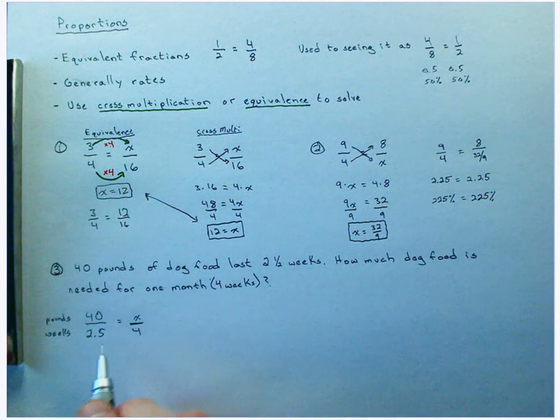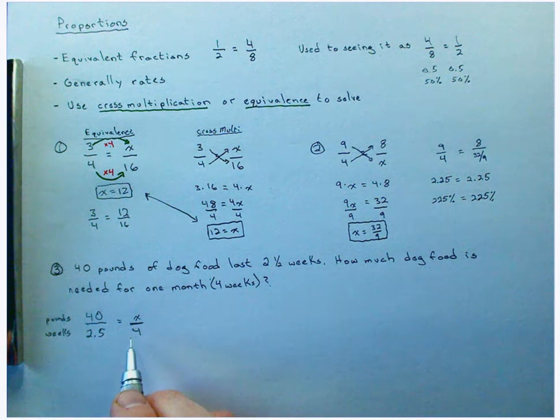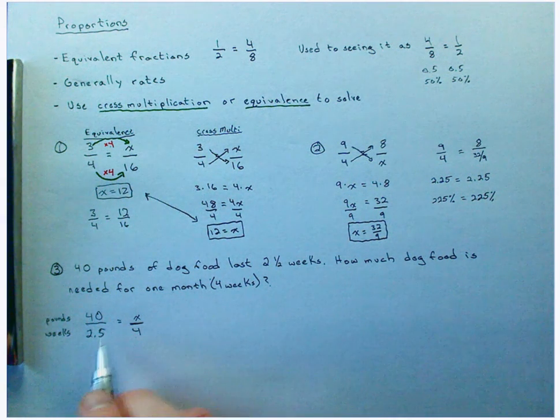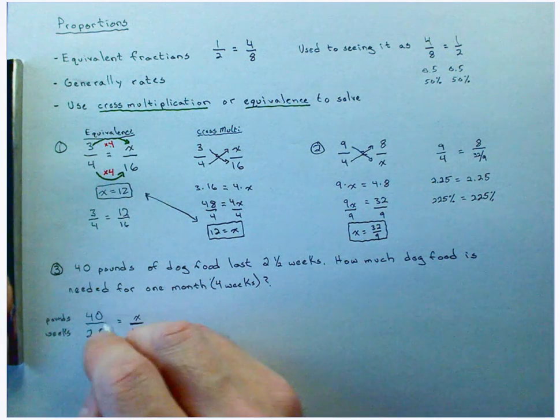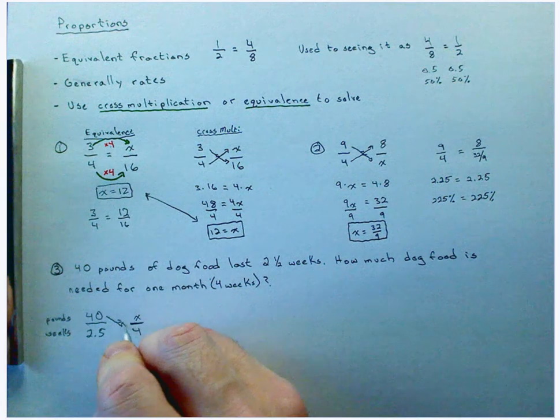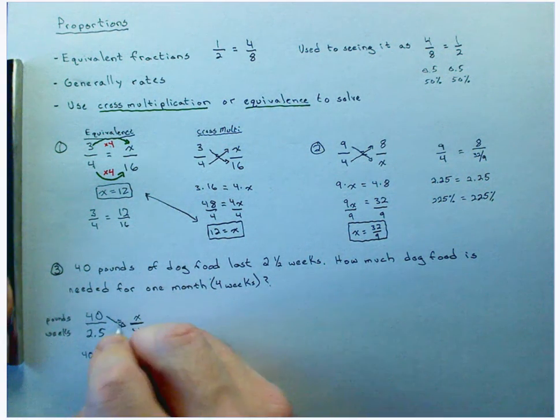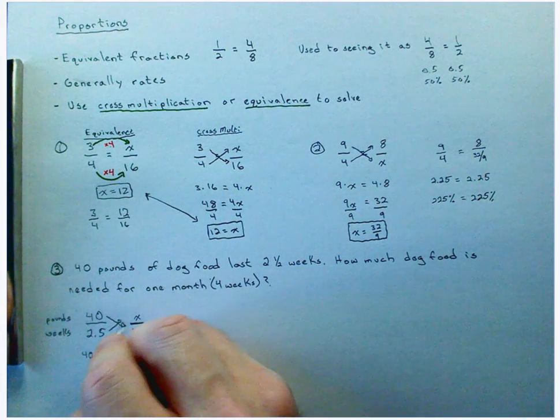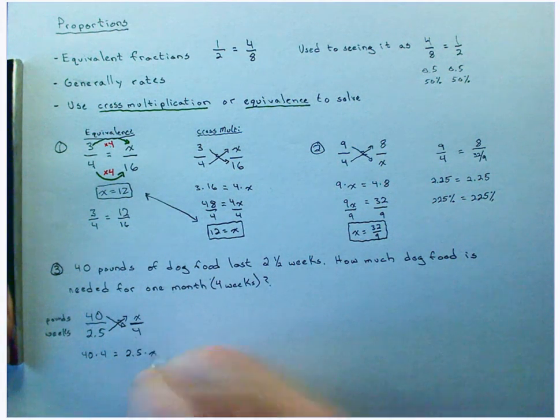I can look at this and tell you I don't really know the equivalence to go from 2.5 to 4. I can figure it out, but it may just be easier to cross multiply. 40 times 4 equals 2.5 times x.